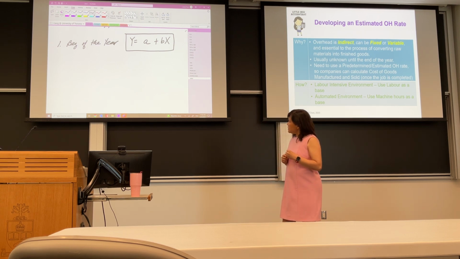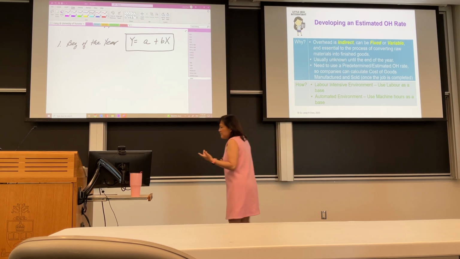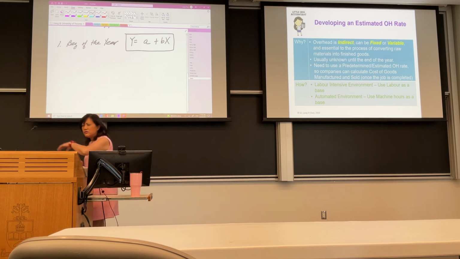So I'm going to look at my past experience. You can use account analysis, or you can use the high-low method, whatever you want to use. So I figure out for this coming year, I estimated the total fixed cost will be $900,000.